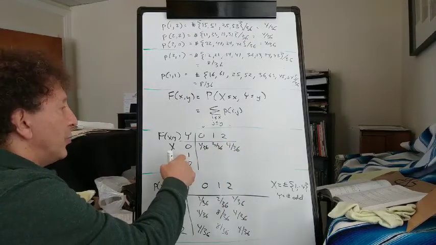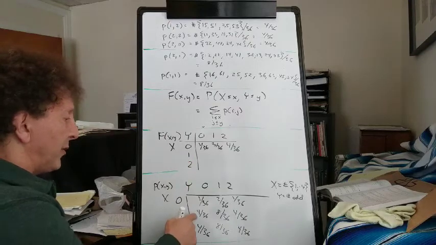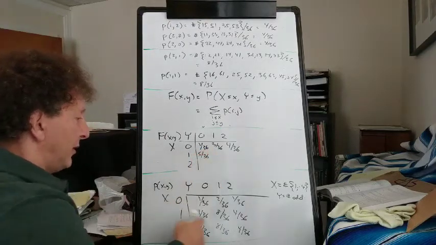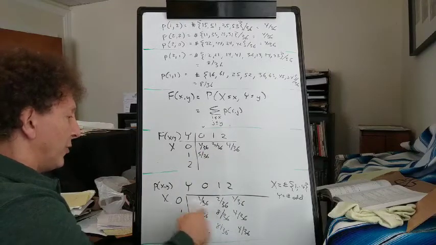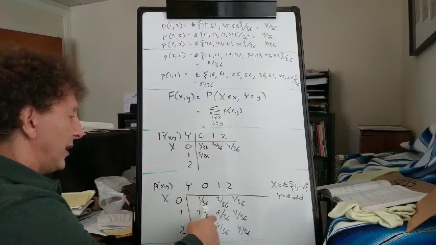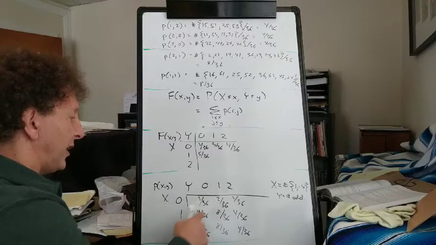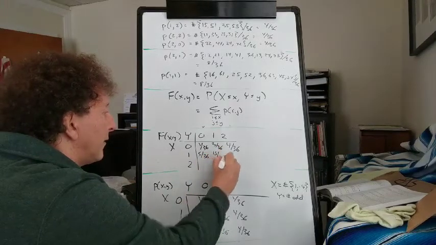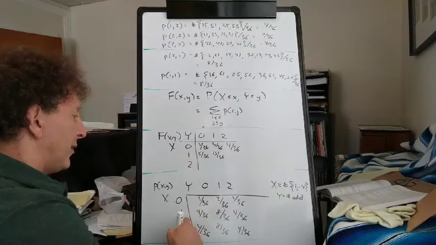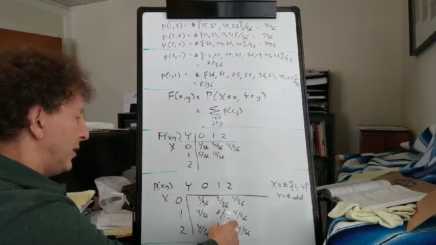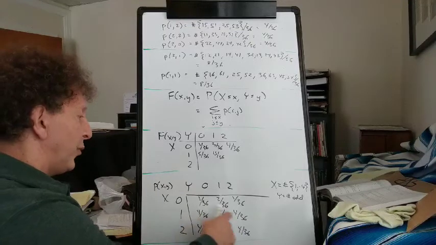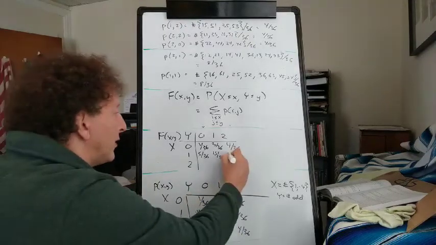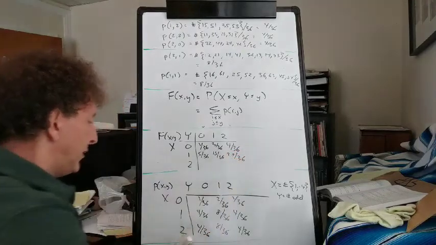For the 1, 0 entry we have 4 over 36 plus 1 over 36, so 5 over 36. For the 1, 1 entry, we have 8 plus 2, 10, plus 4 plus 1, 15. For the 1, 2 entry, we have 4 and 8 and 4 is 16, plus 4 is 20, 20 over 36.